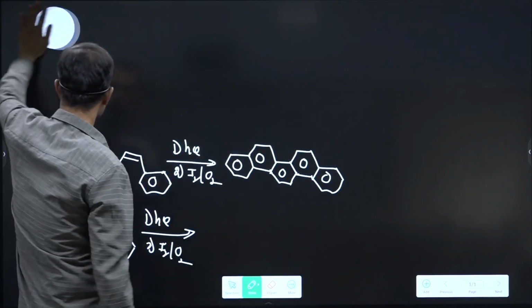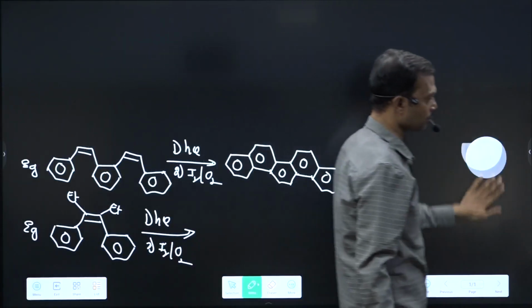So that is about the photochemistry of benzene, olefin and carbonyl compounds.